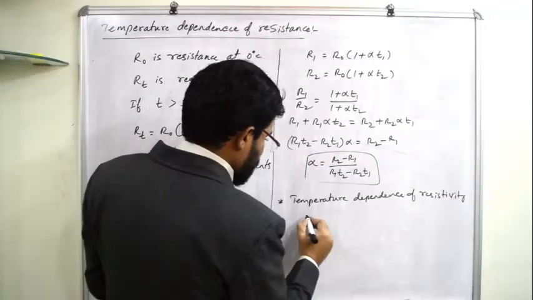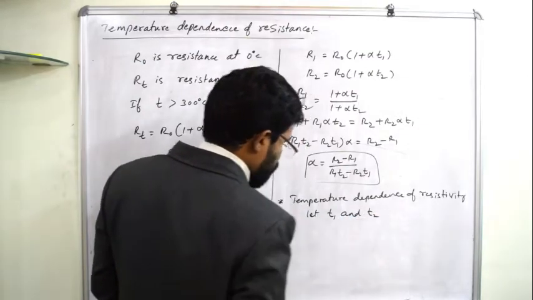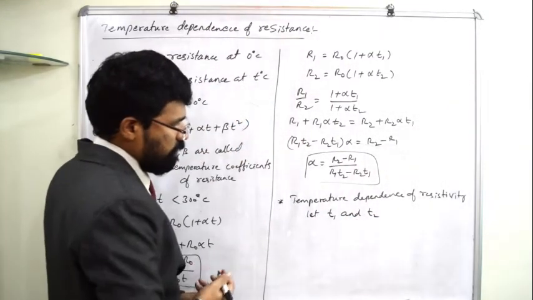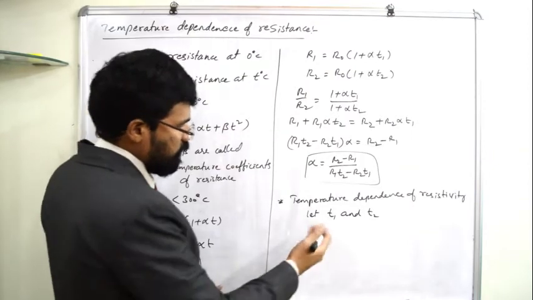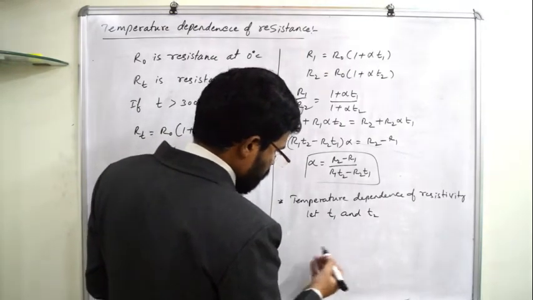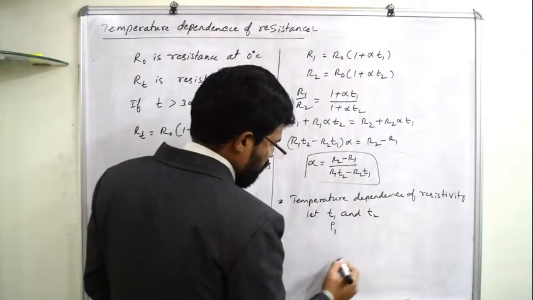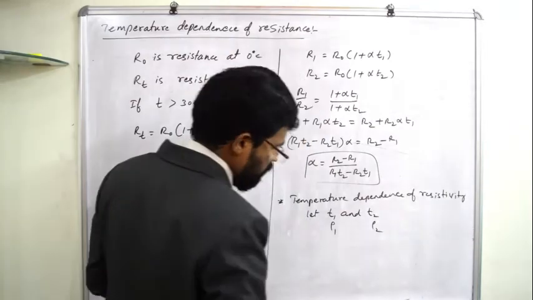So here T1 and T2 are the two temperatures we are dealing with in this situation, and T2 is greater than T1. Therefore, we have to define resistivities as well. The resistivity corresponding to temperature T1, I will take as rho 1, and corresponding to T2, I will take as rho 2.